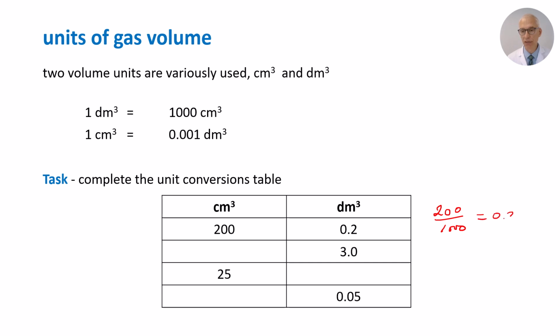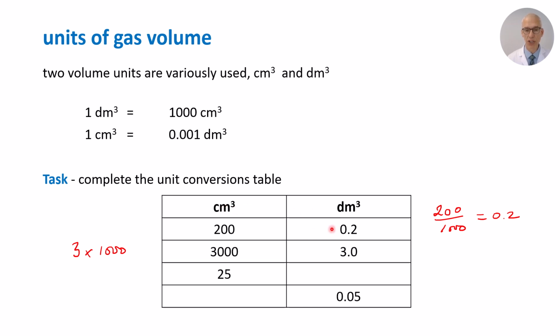So to convert centimeters cubed into decimeters cubed, you divide by 1,000. 3 decimeters cubed is 3,000 centimeters cubed, and we achieve that. It's 3 times 1,000. So to convert decimeters cubed into centimeters cubed, you multiply it by 1,000.